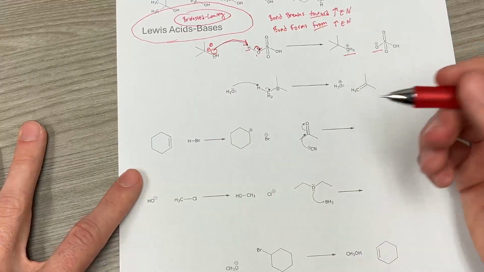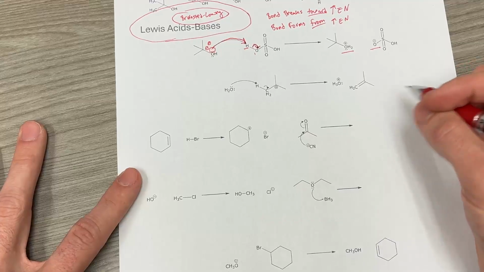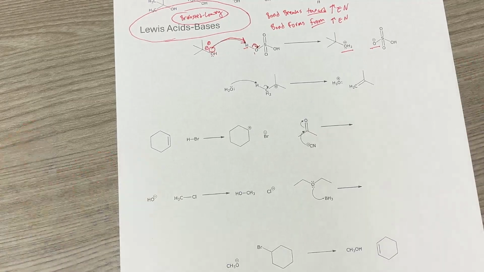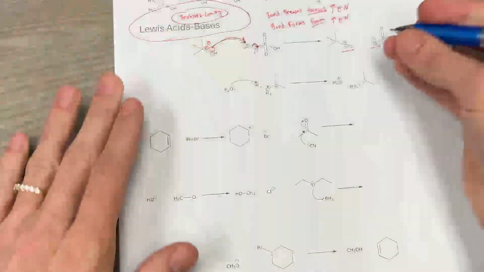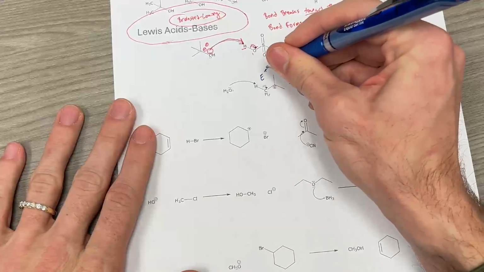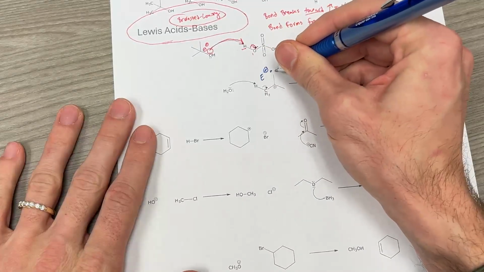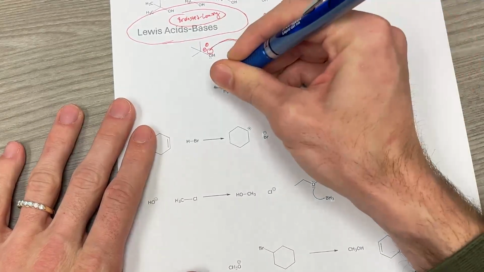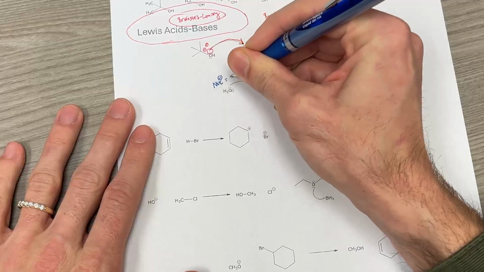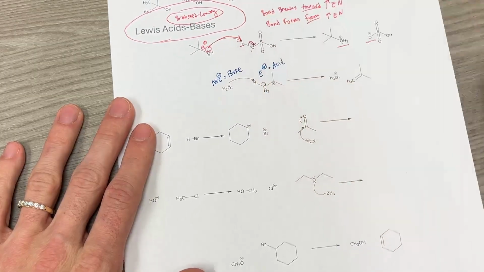We see this again with a new Bronsted-Lowry acid base, again also Lewis acid base, this being my electrophile, also my acid, this being my nucleophile, also my base.